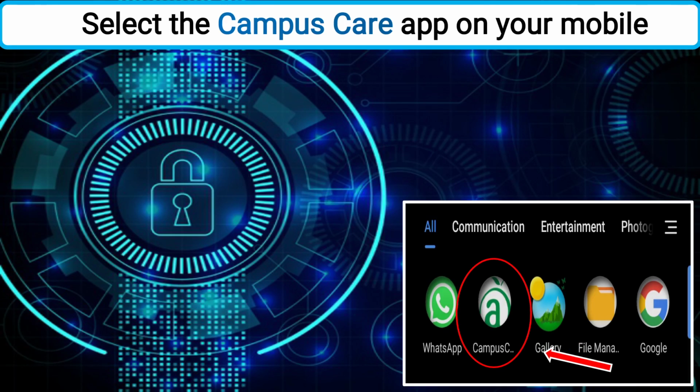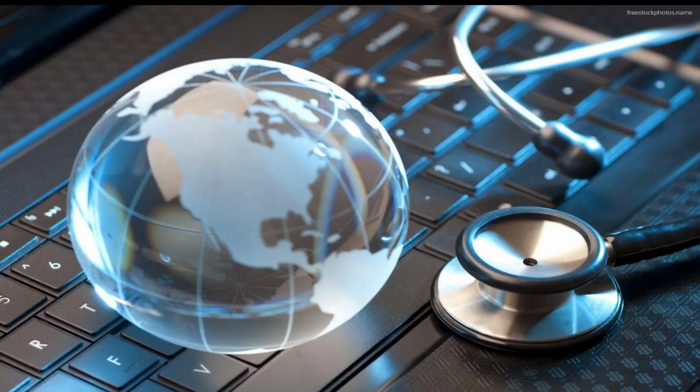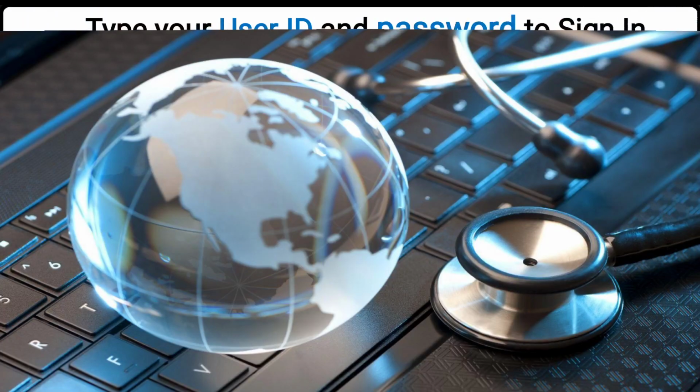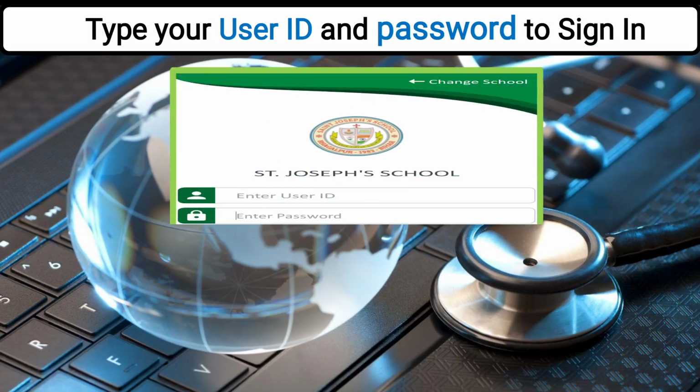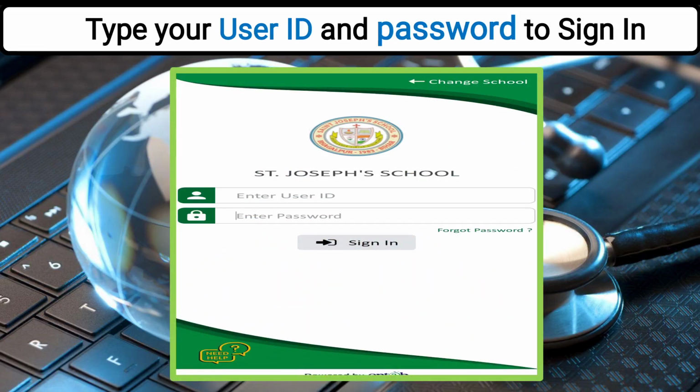As you can see in the image, the Campus Care app is there, encircled by the red color and shown by the arrow mark. After choosing Campus Care app, the page will open as you can see in the image. Here you have to type your user ID and password to sign in.